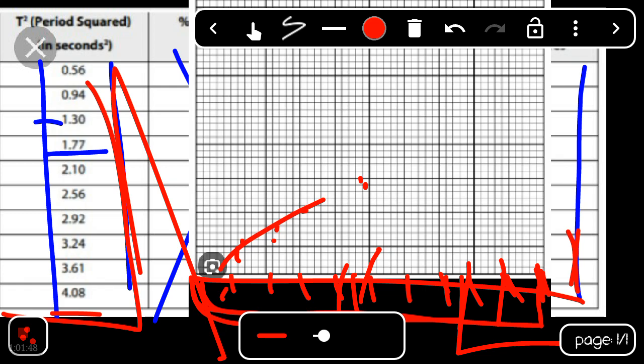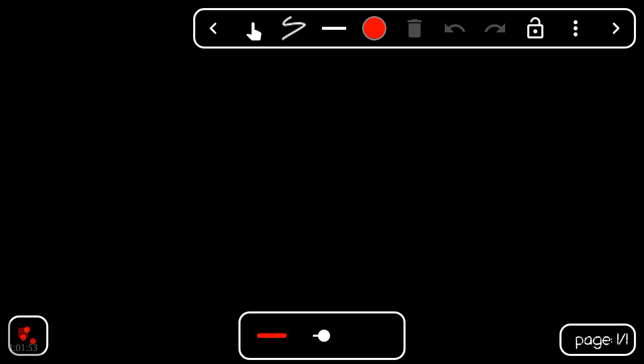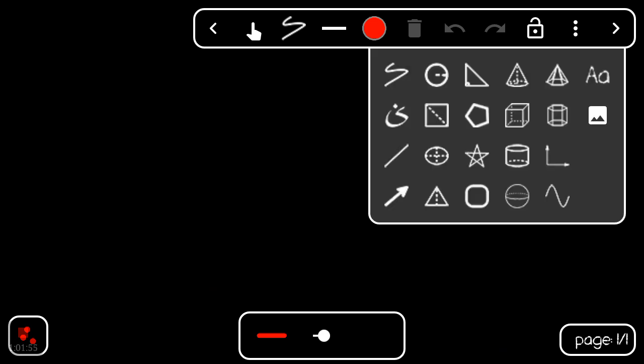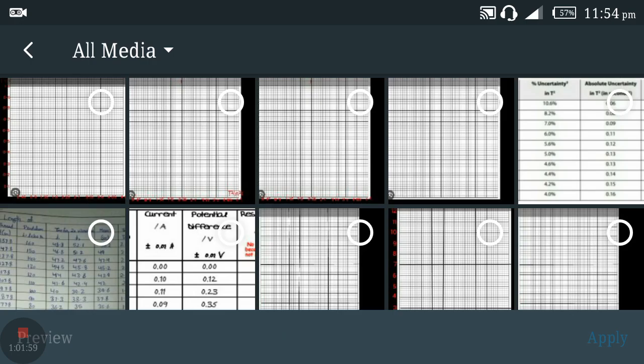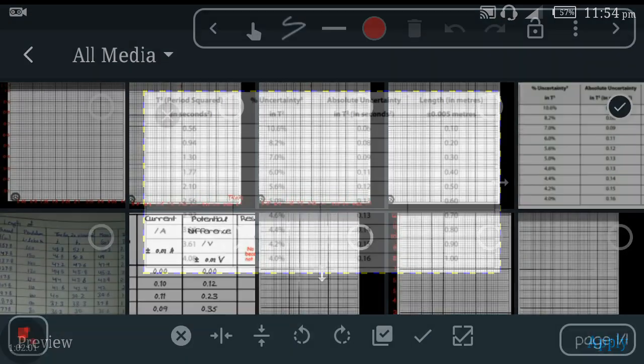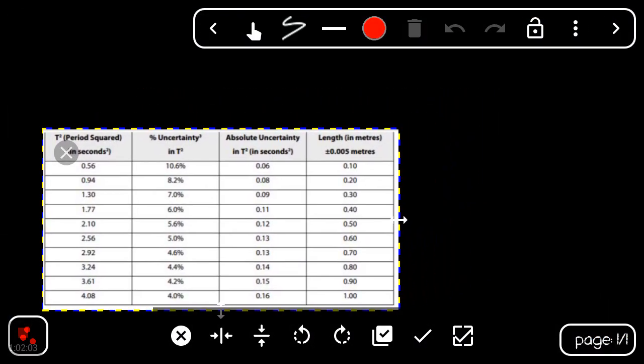Let's plot it. But at first, let me write these as numbers in my book so that I can get to the graph well.